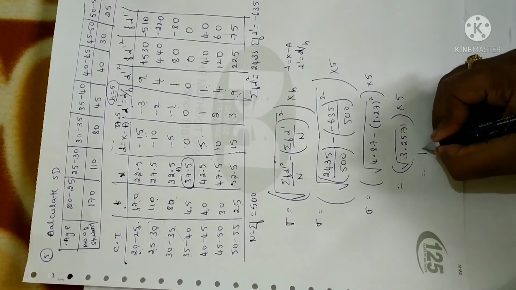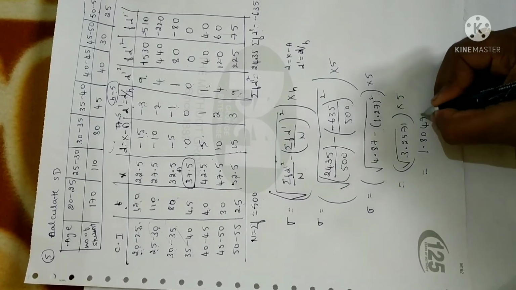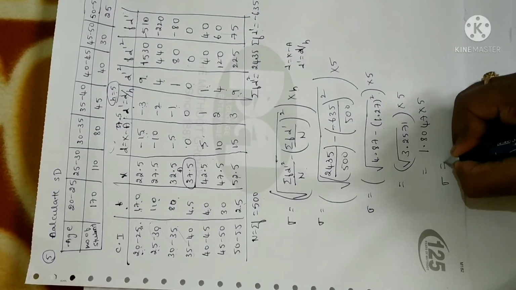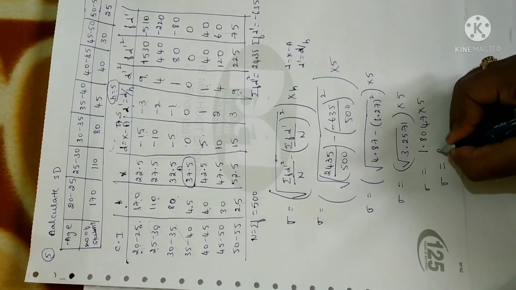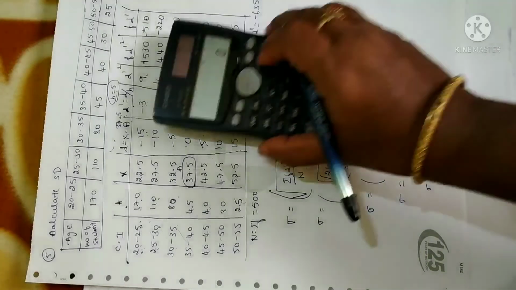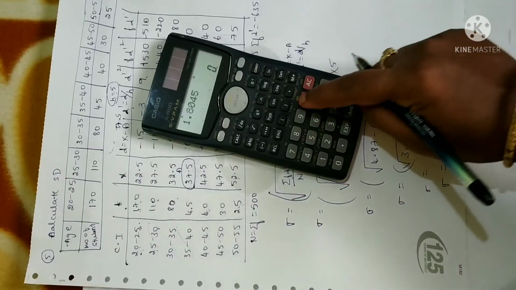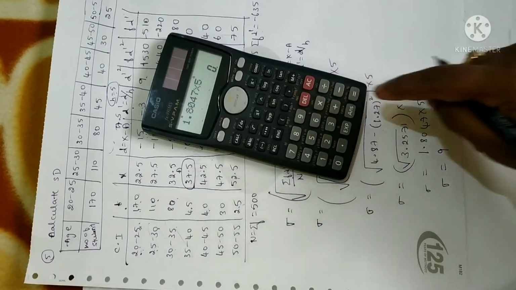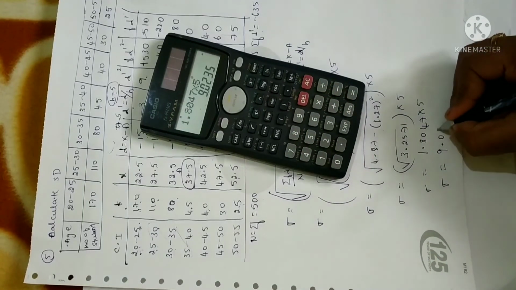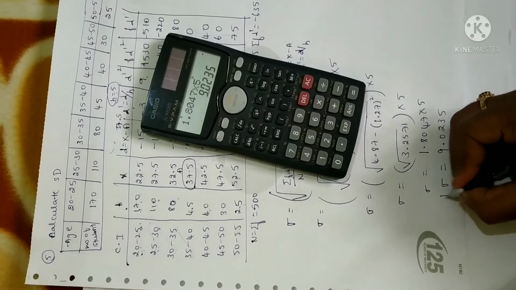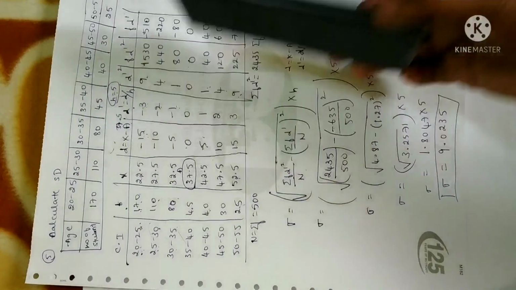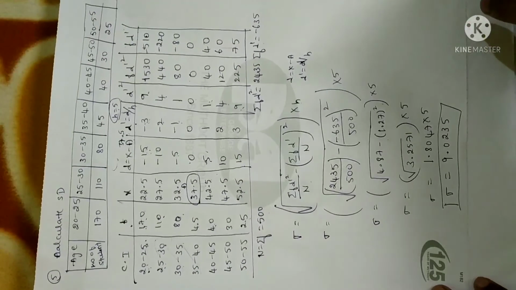So that will give you 1.8047 into 5. That will give you 9.0235. So this is the required standard deviation. So this completes the standard deviation.